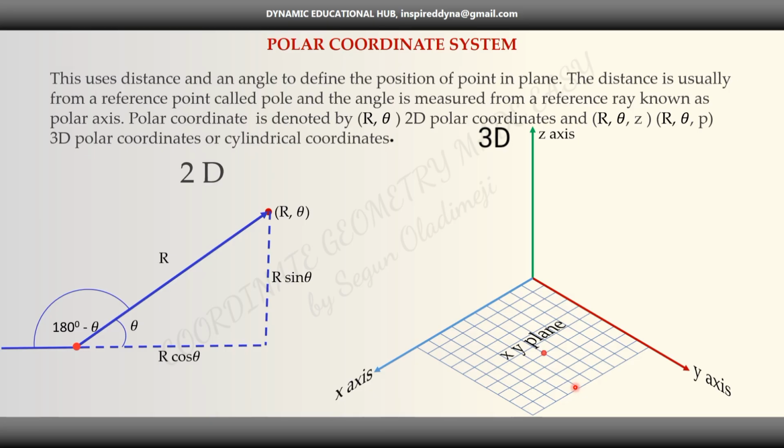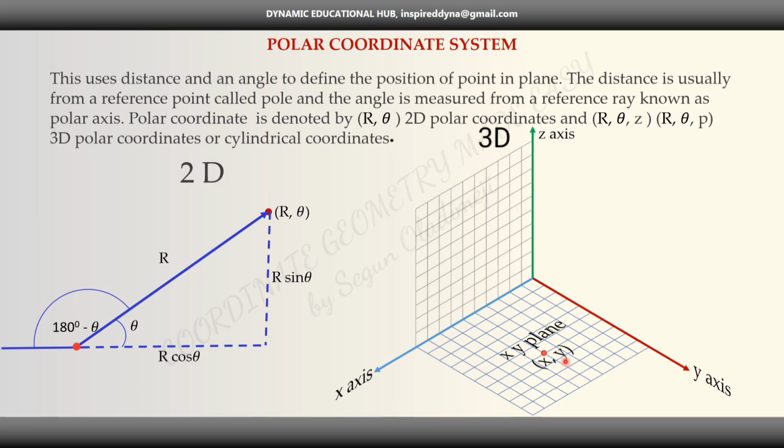Describing any point here, you are going to have x, y, just like when I explained 3D Cartesian coordinates. Now we also have another plane here, which is the xz plane. Describing any point here, you are going to get x, z.